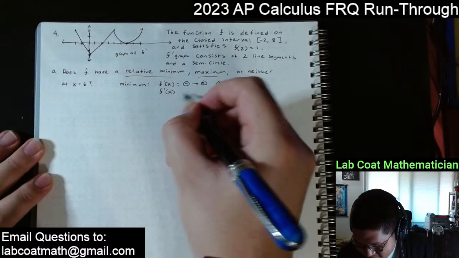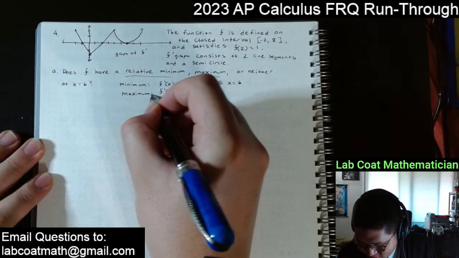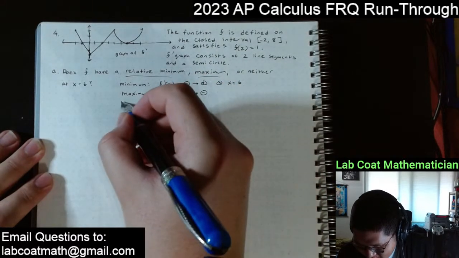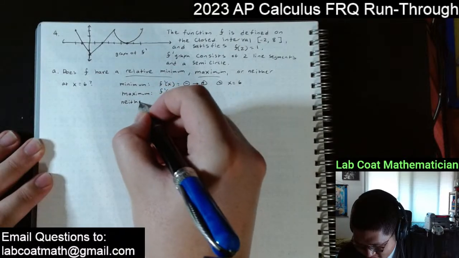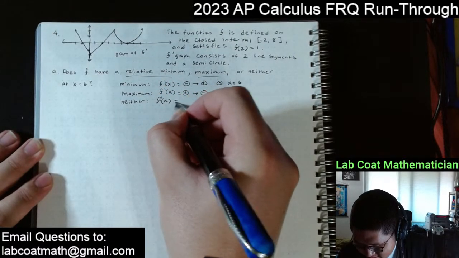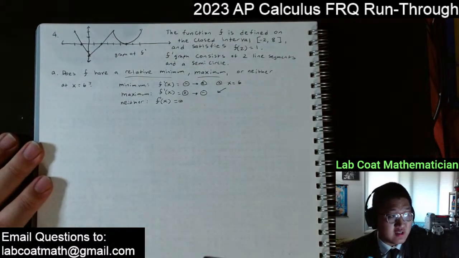If it's going to be a maximum, that means we need to go from a positive down into a negative, and neither is that f prime of x just stays at 0. All at x is equal to 6 for all three scenarios.